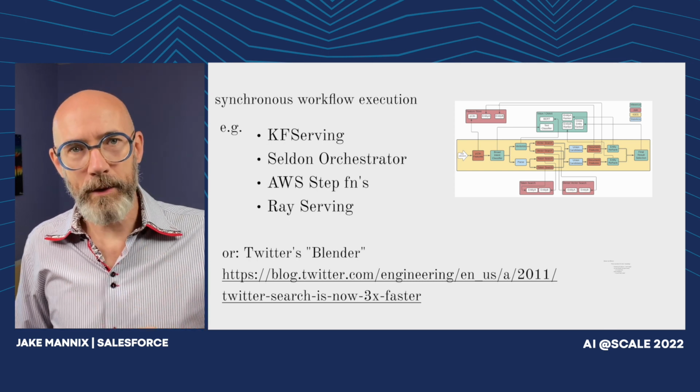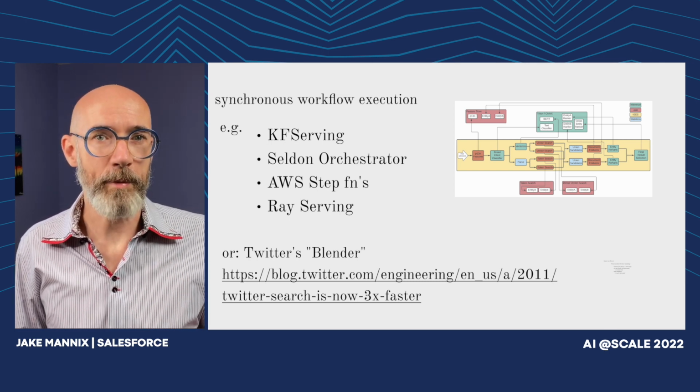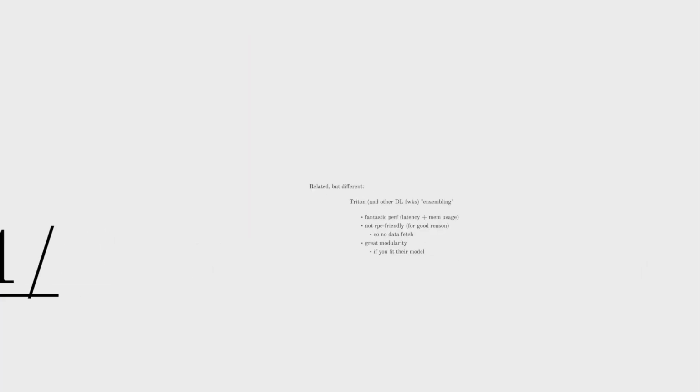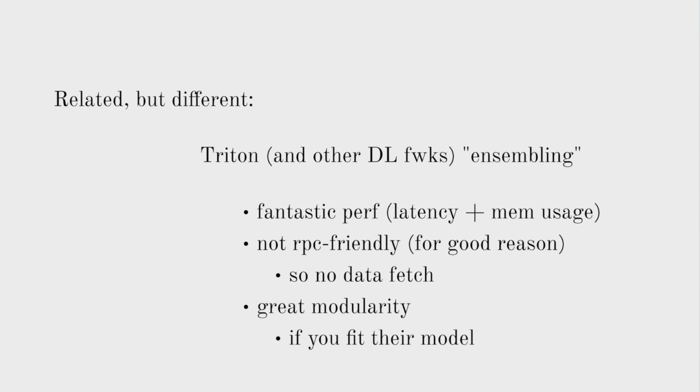But there's a slightly related but distinct type of inference computation graph as well. Deep learning frameworks like NVIDIA Triton have this notion of model ensembling that is a little different than what we're talking about here. They break up an inference graph, if it's a computation graph in a neural network, into discrete chunks and let you ensemble those together in various ways.